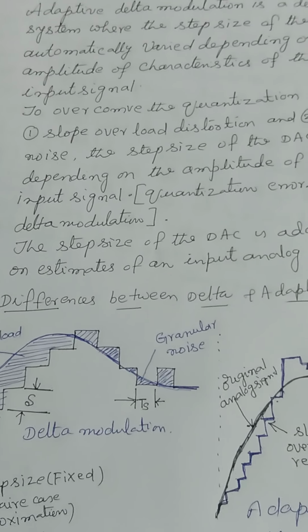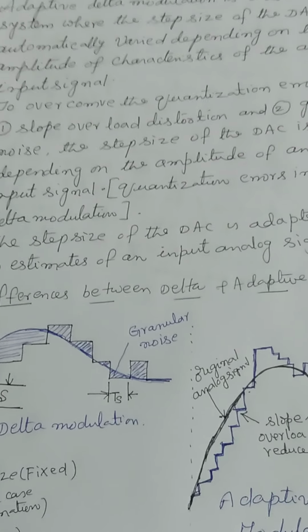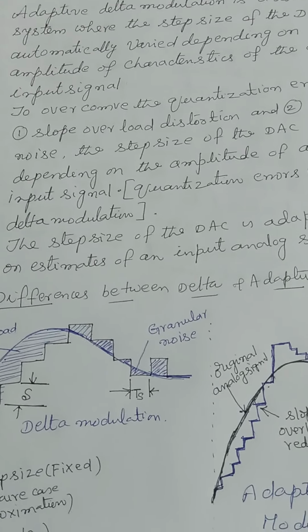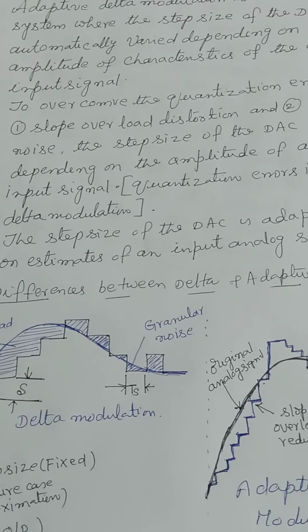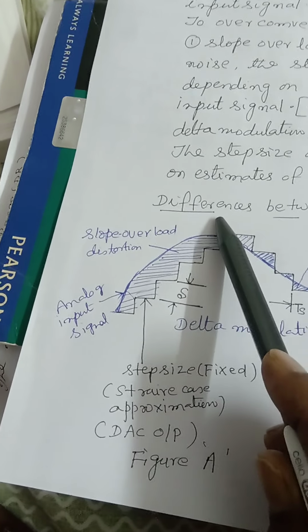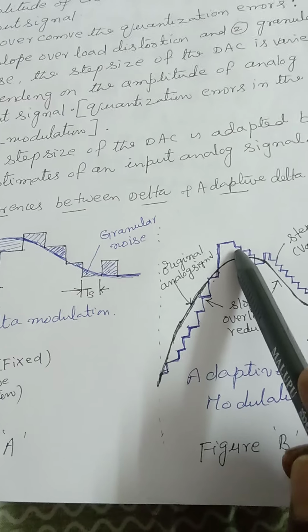The step size of the digital to analog converter is adapted based on estimates of the input analog signal. Now you see the differences between delta modulation and adaptive delta modulation.